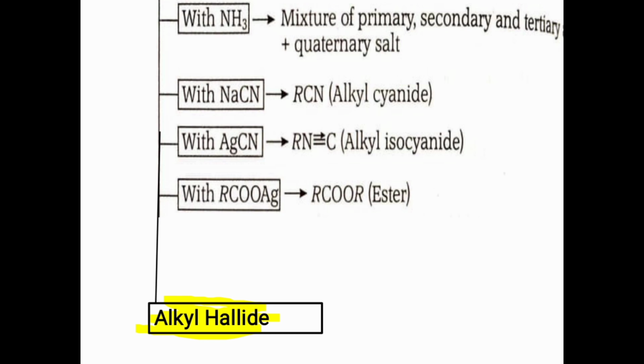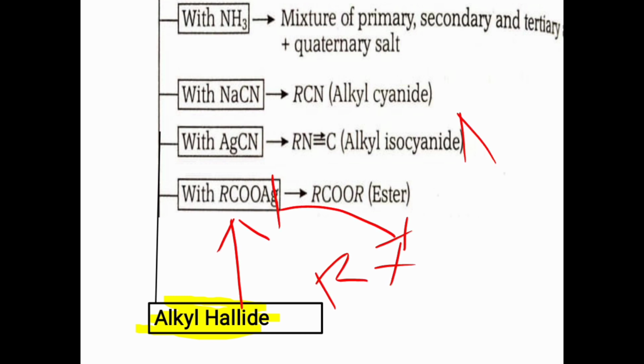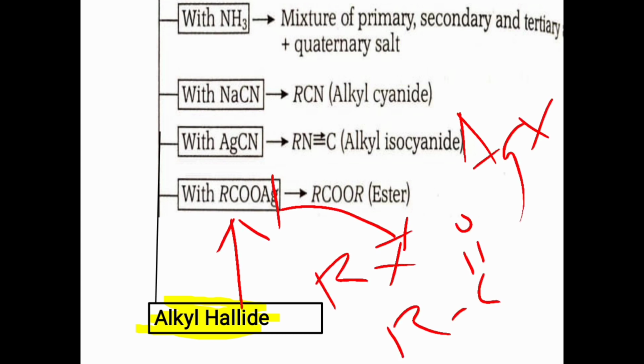Another is the preparation of ester, which also happens with alkyl halide when it reacts with RCOOAg. RX will take X and form AgX, silver halide, and RC double bond O and OR will be formed as the main product, that is ester, RCOOR.